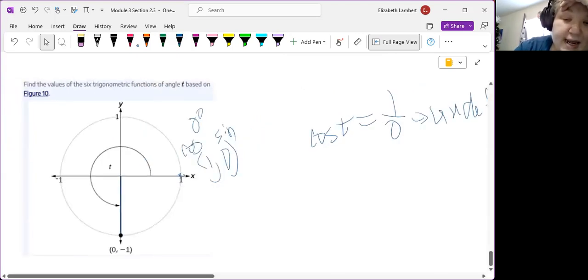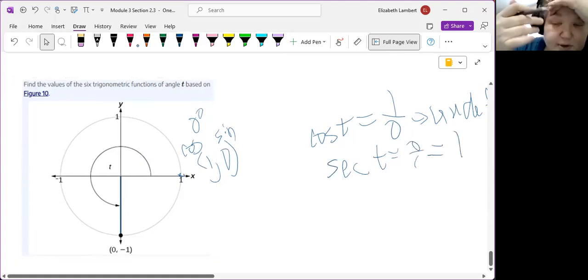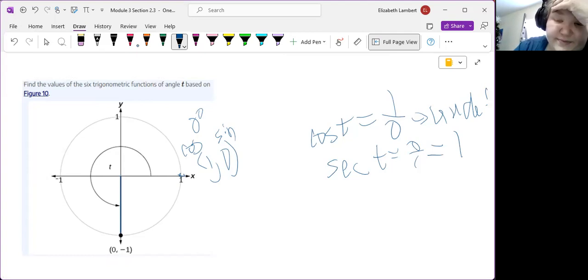All right, now our secant is going to be the reciprocal of 1 over 0, so 0 over 1. So the secant is 0 here.